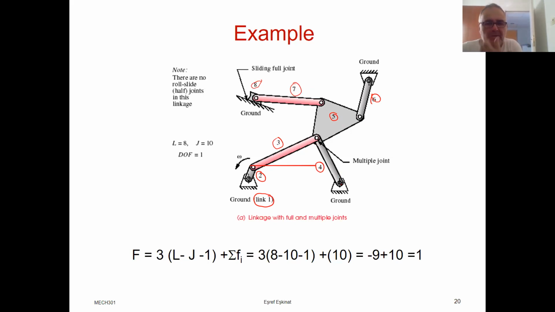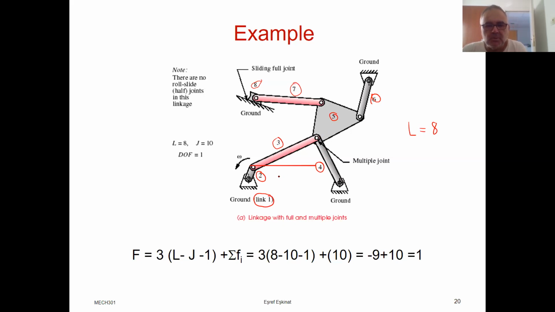Okay. So the number of L is 8 here, as you can see. Now, the more tricky part is to count the number of joints. You have 1, 2, 3 here. Here it's a multiple joint, which means that you have to count 2 joints here, okay? Because you connect not just 3 and 4, but for example, 4 and 5 here.